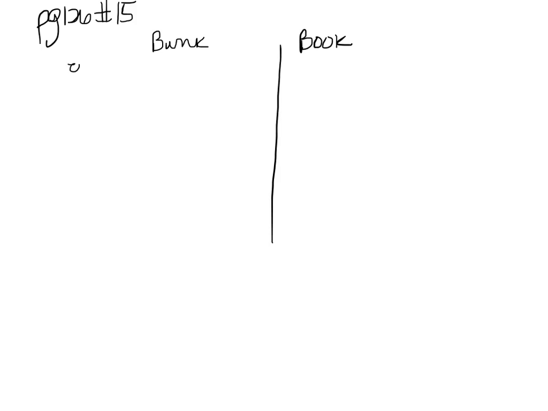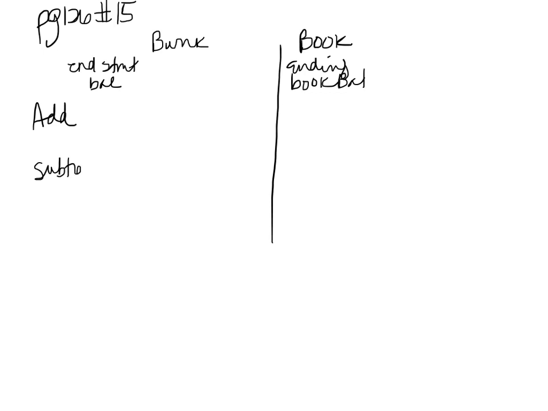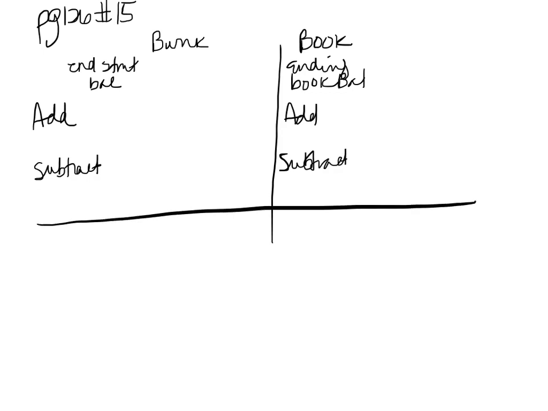Here is going to be the ending statement balance. I like to set this up. Ending book balance. Okay? And then we know we're going to have some adds and we're going to have some subtracts. And then our job is to come up with the same ending bank balance.